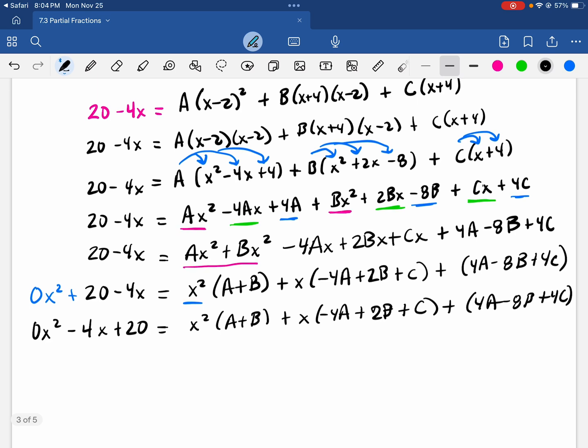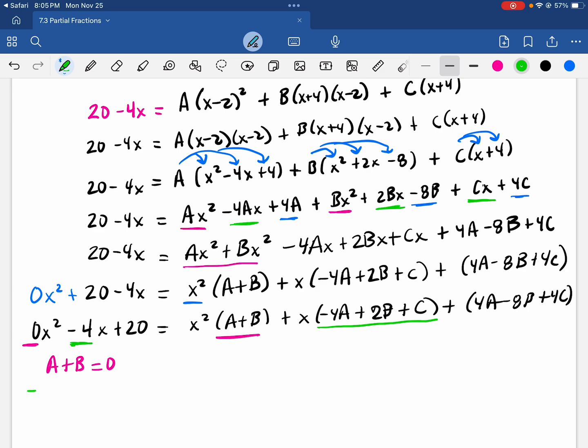All right, so now we got to match up those parts to get those equations together. So I have a 0 and an a plus b. Actually, let's write it the other way: a plus b equals 0. And then I have a -4, and then all this part right here.